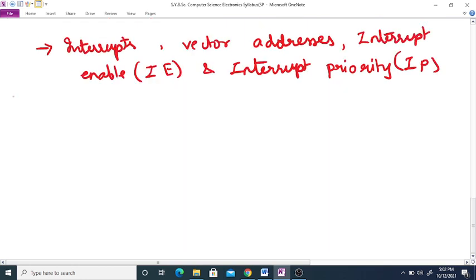Then next, unit 4, interfacing of different types of digital circuits and serial communication.